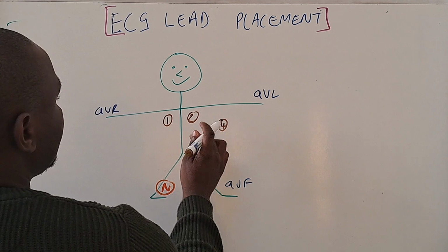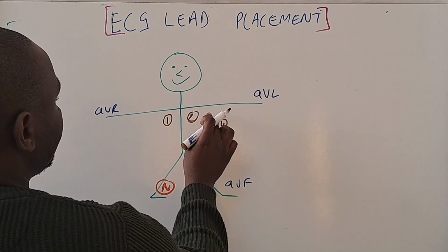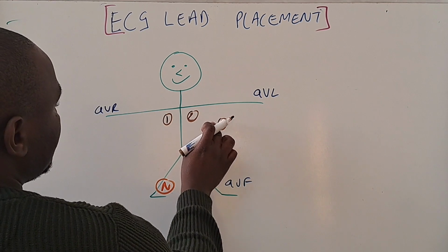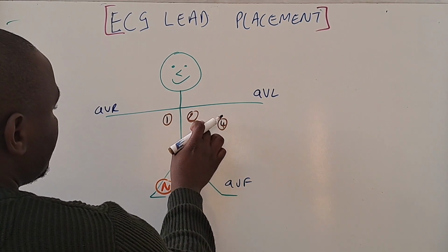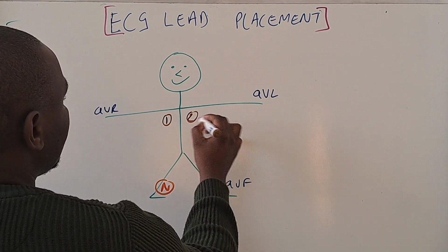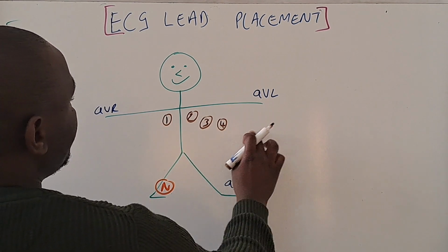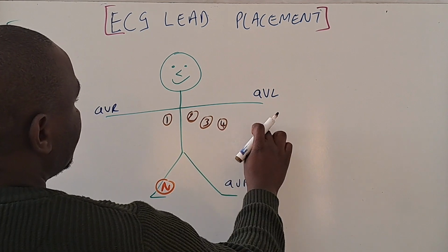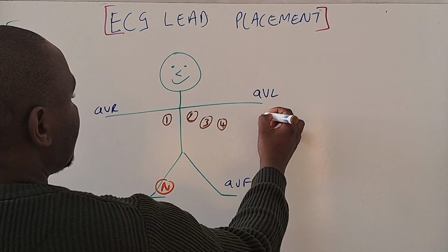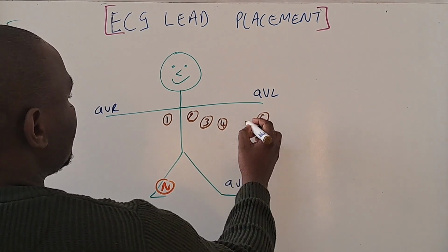And then equidistant, you put your V3 there. Just make sure in the middle you make a mark. The distance from this side must be equal, and this side must also be equal. So you put your V3 there. And if you put your V6 on the same fifth intercostal space, mid-axillary, then in the middle you just put your V5.